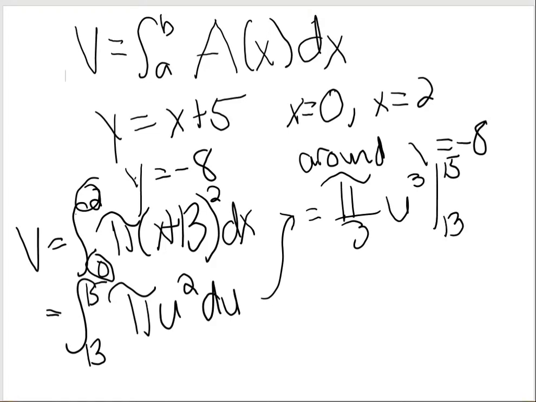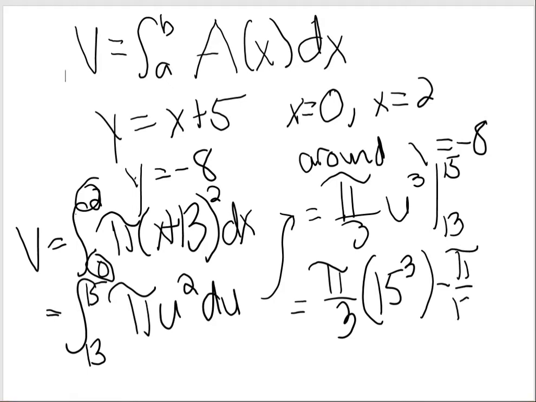So then you plug this in: pi over 3 times 15 cubed, minus pi over 3 times 13 cubed. And that gives you what that volume is, which, after you do all the simplifying, should be 1178 over 3 pi.